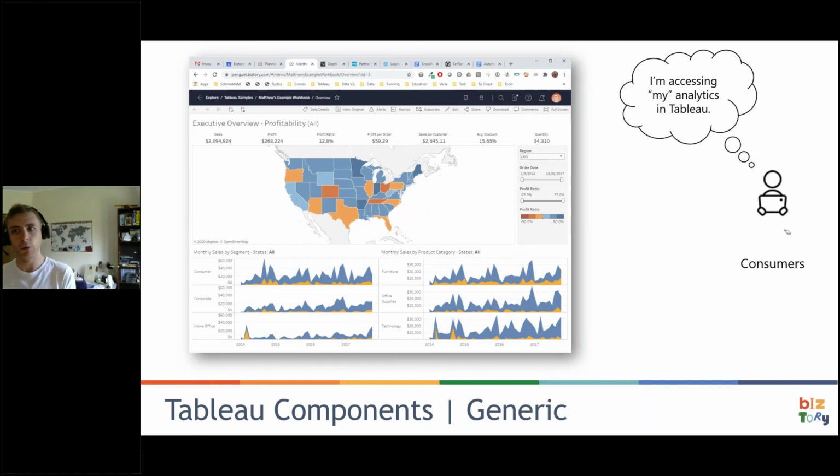They are using Tableau to consume their analytics directly. Again, I know I'm emphasizing this a lot, but that's very different from our embedding use case, where they will sometimes not even know that this comes from Tableau. In fact, let's look at another way of embedding something before we go to actually embedding Tableau, just to make sure that that's very clear for everyone.